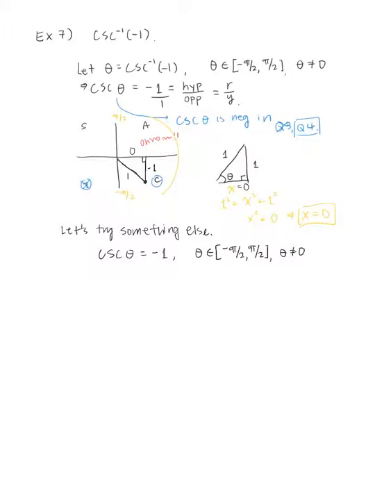Remember how to graph cosecant? Cosecant is 1 over sine, right? So first, what I would do is draw a sine graph. Oh my gosh.